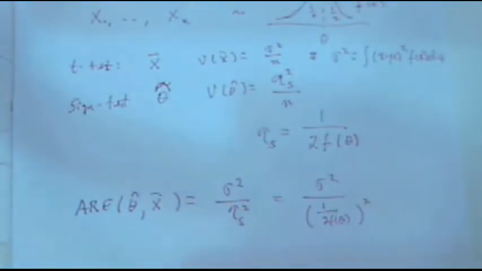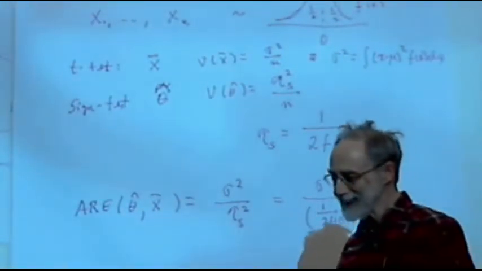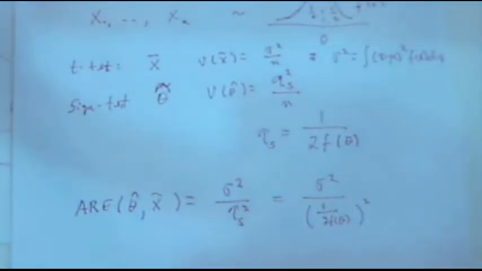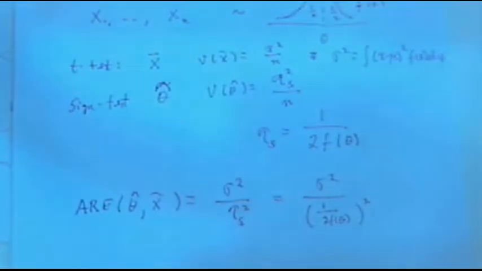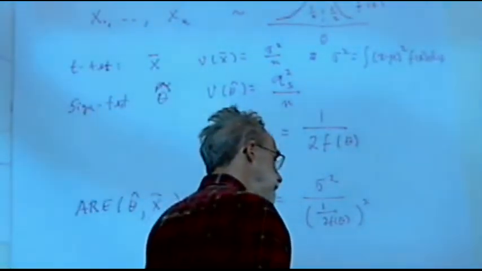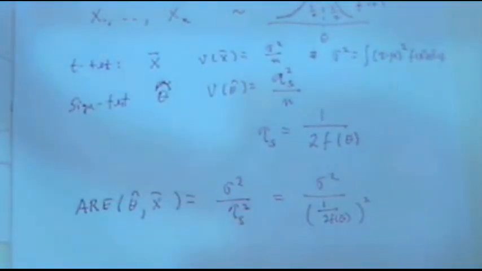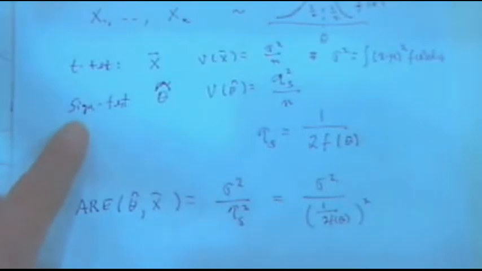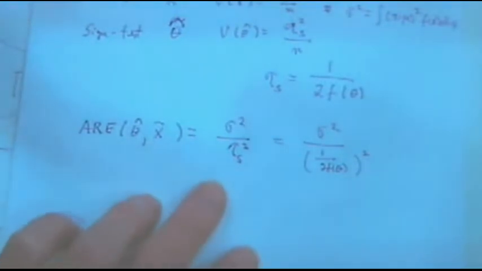Now, what is that? It's a horrible formula. Let's just look at the normal, because the normal is really the punchline of this whole thing. Why would you go to a sign test when you can just use the mean? Why do we complicate life? The reason we complicate life is this ratio at the normal.